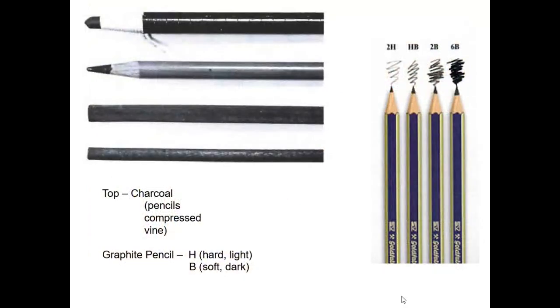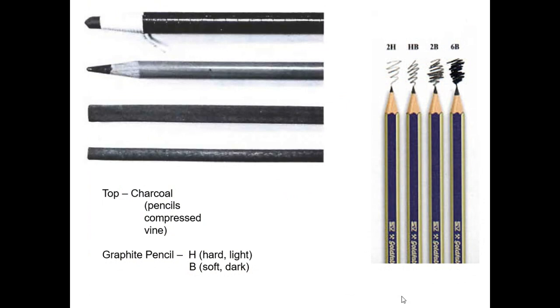We looked at a bunch of different drawing materials. We looked at two major types of what we'll call dry media. The left-hand shot there shows you different types of charcoal, and on the right you see different types of graphite. Charcoal is essentially superheated wood.